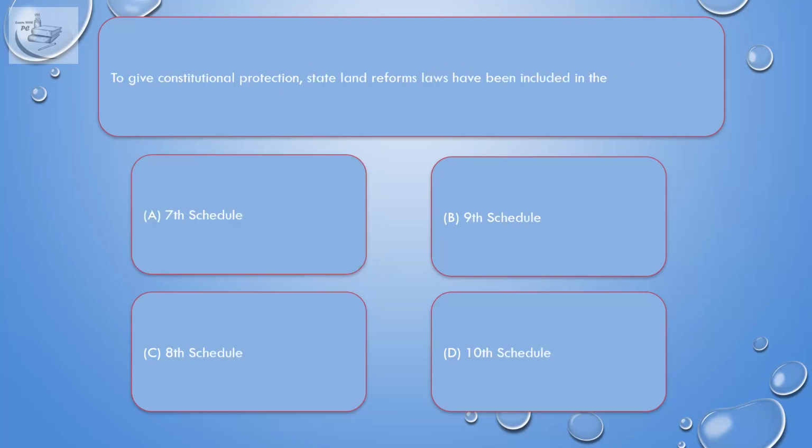Question: to give constitutional protection, state land reforms laws have been included in the A. 7th Schedule, B. 9th Schedule, C. 8th Schedule, D. 10th Schedule. Correct answer is B. 9th Schedule.